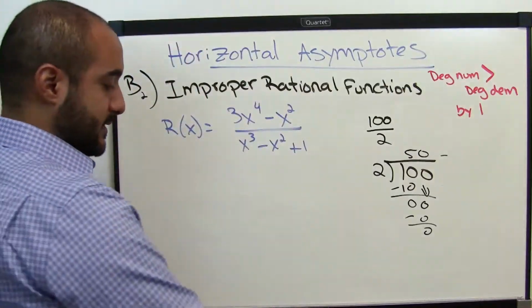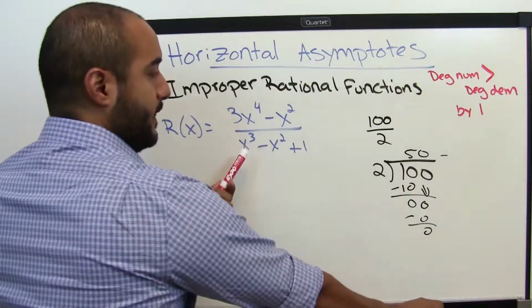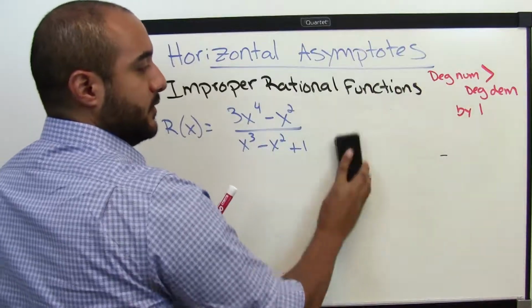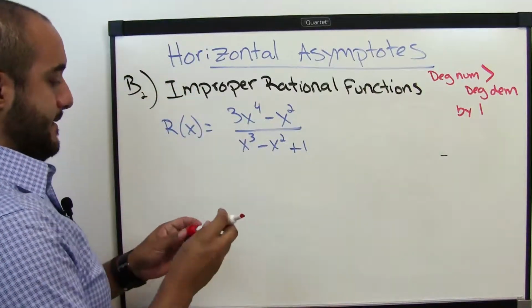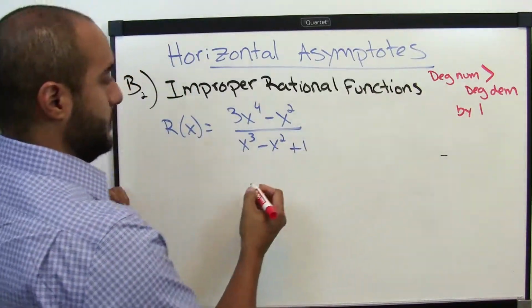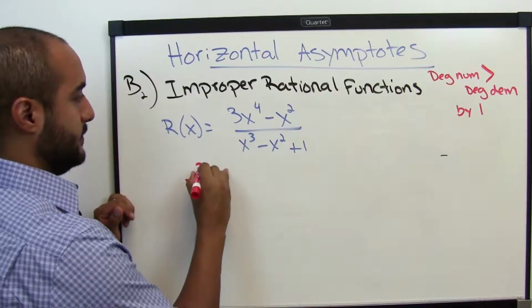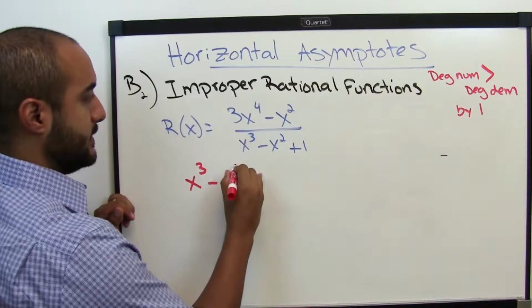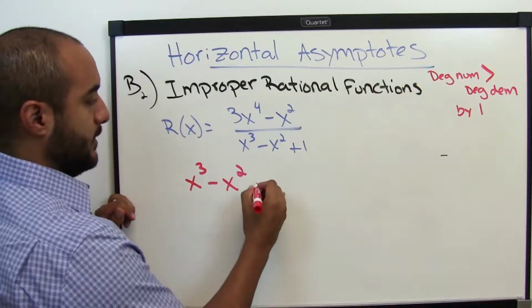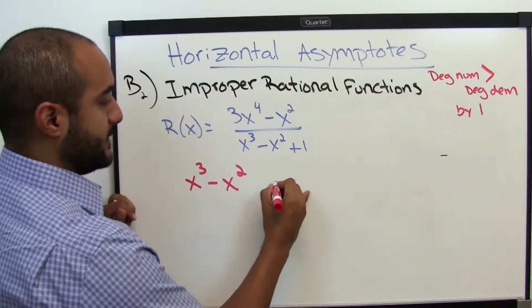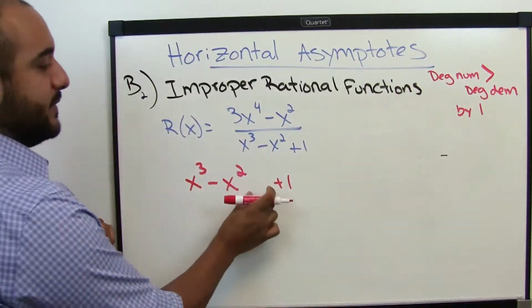So we're going to do those same steps, but for this crazy thing, right? So let's take a look at what that looks like. So I'm going to write x to the third minus x squared, I like leaving a space, plus 1. Why did I leave a space?